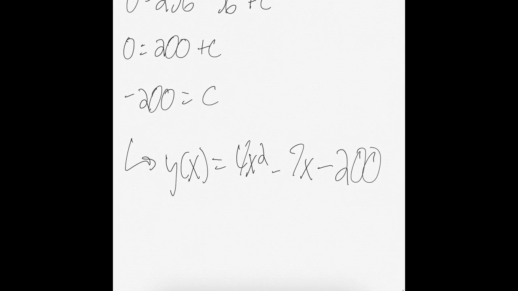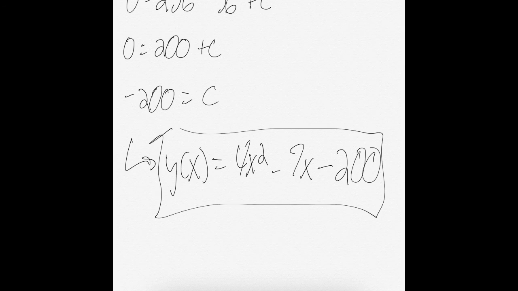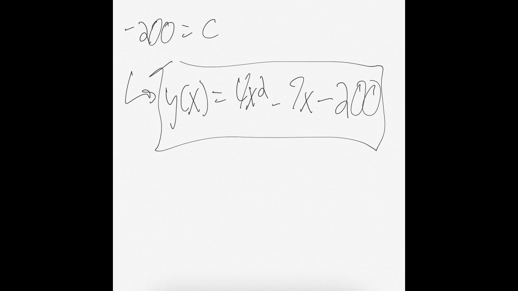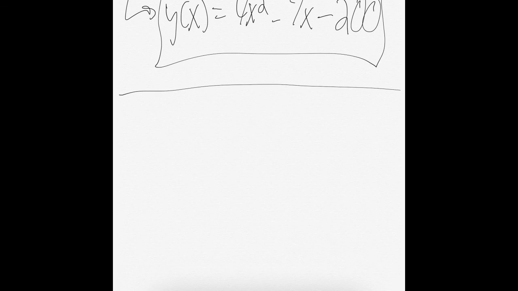So in conclusion, y of x equals 4x squared minus 7x minus 200. Okay, all that we did was we went up here, we had our formula for y of x, and then we figured out exactly what c was, and we plugged that in to get our final formula.